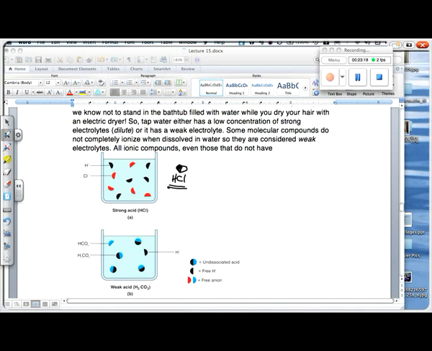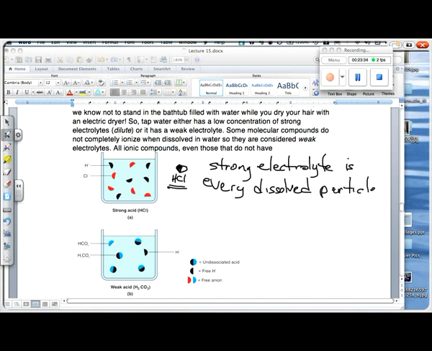That is what a strong electrolyte is. A strong electrolyte is when every dissolved particle is ionized or dissociated.